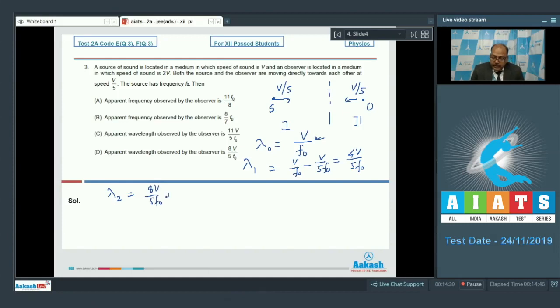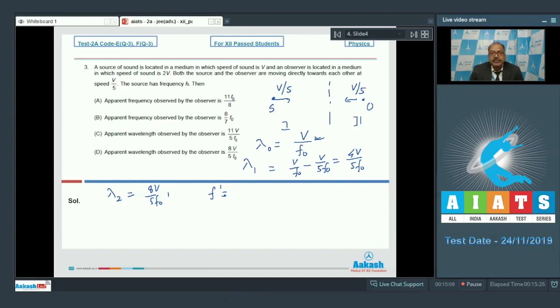Now, coming to the frequency observed by the observer, that frequency will be equal to speed of sound relative to that observer, and that speed of sound is equal to 2V plus V by 5, because the sound is coming towards him with speed 2V in medium 2, and the person is going towards the source with speed V by 5.